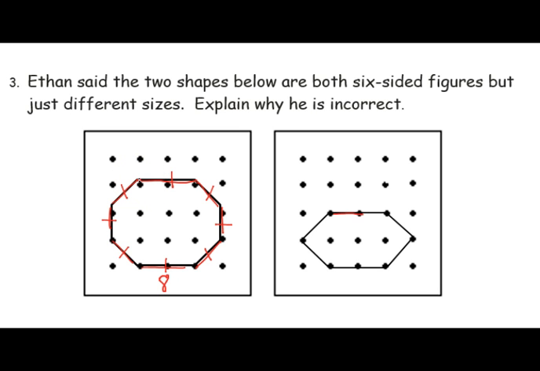The second shape has 1, 2, 3, 4, 5, 6. So the second shape has 6 sides, but when you count the sides carefully, the first shape has 8 sides. So they are different sizes, but they are also different types of figures as well.